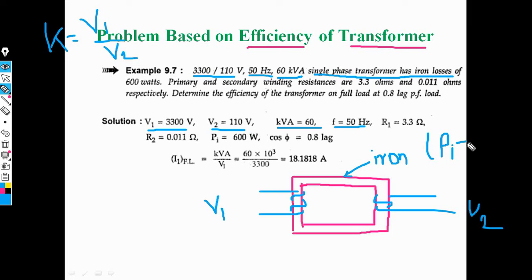This Pi is given as 600 watt. Then the primary winding resistance, that is R1, is given as 3.3 ohm.